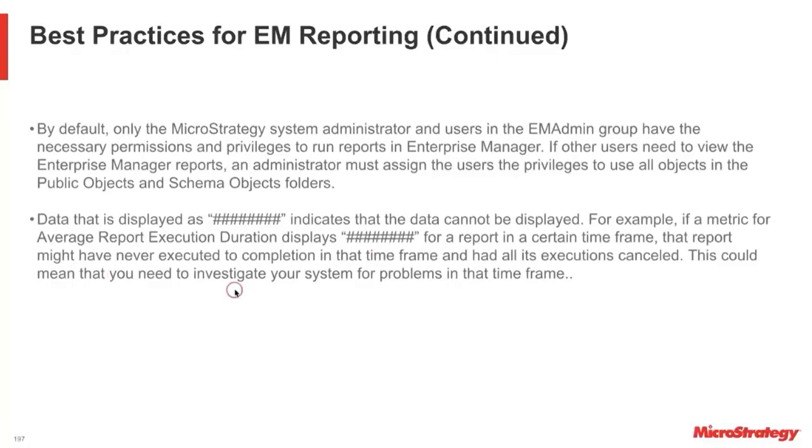So this could be an indicator for, hey, let's go in and figure out what happened there with regards to system issues, more than just, hey, we didn't actually get data.